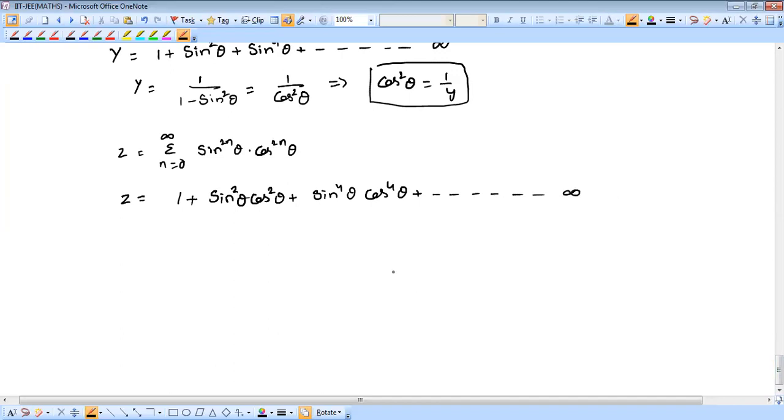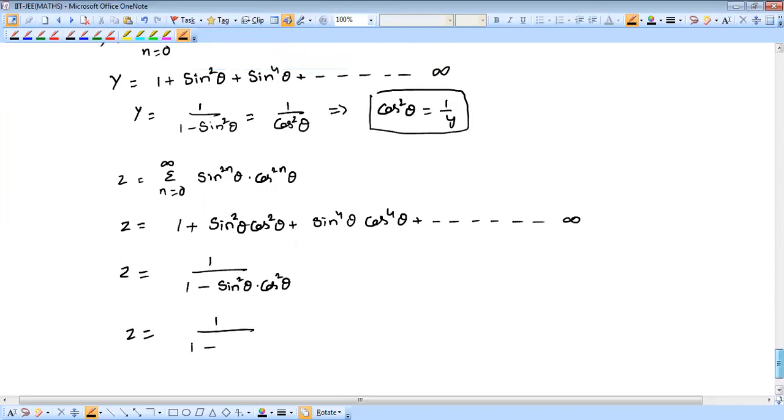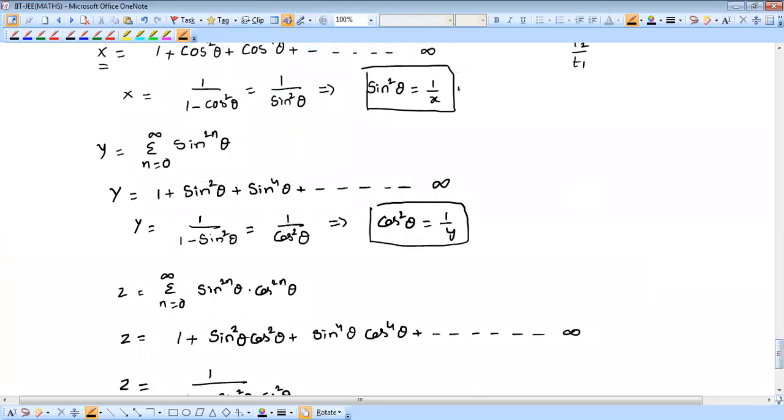Now again it is S∞. z = a/(1 − r), a is 1, and be a little careful: your common ratio is sin² θ into cos² θ. On the top you see sin² θ, we got it, it is 1/x.